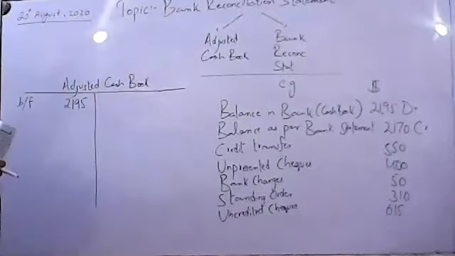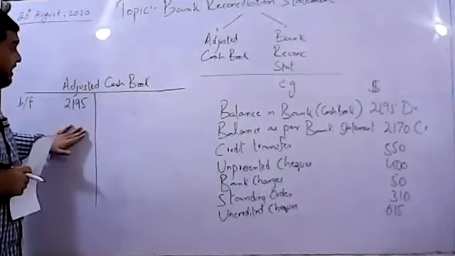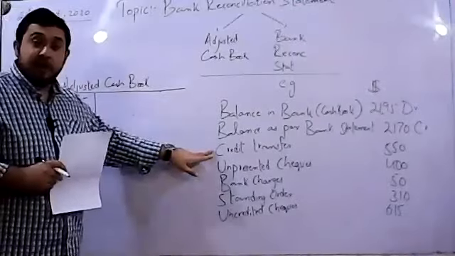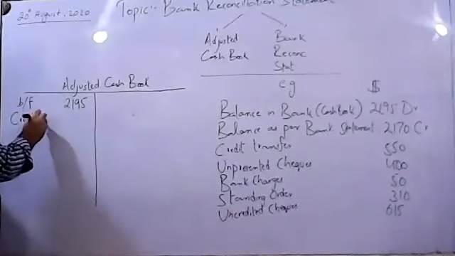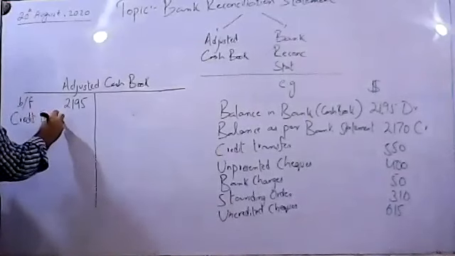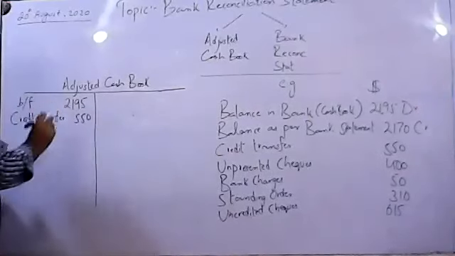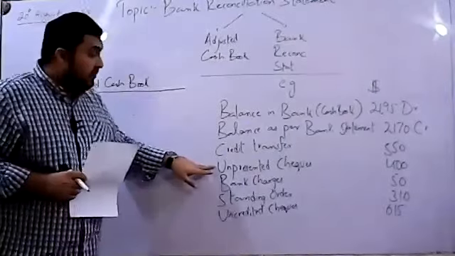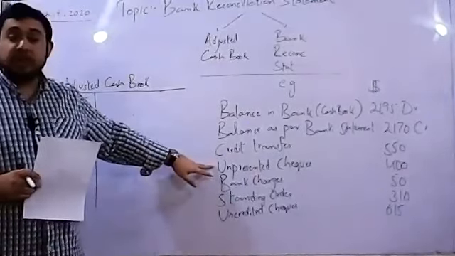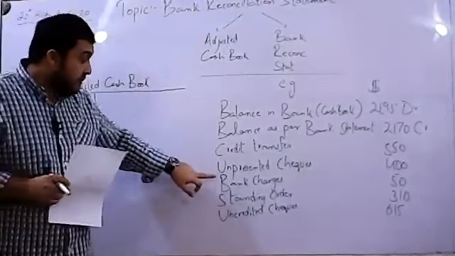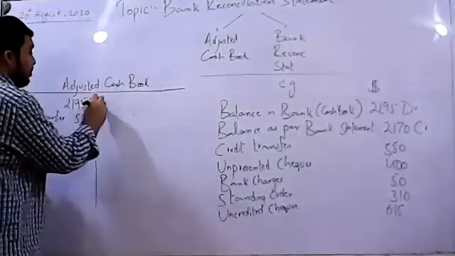Then, things that are relevant to adjusted cash book, first of all, credit transfer. Credit transfer is worth $550. Then unpresented checks, this is related to the bank reconciliation statement.